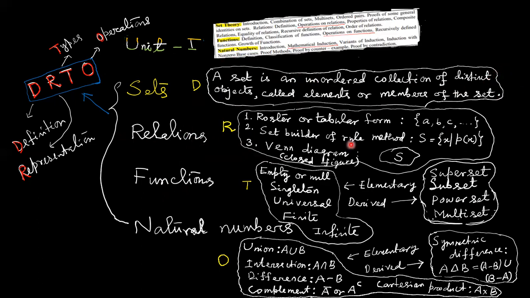So this is what we call the mind map of each topic and subtopic. Once you create the mind map, it will be easier for you to solve the problems of each unit. So for sets, this will be the mind map you can have.